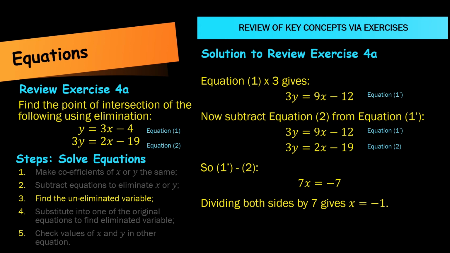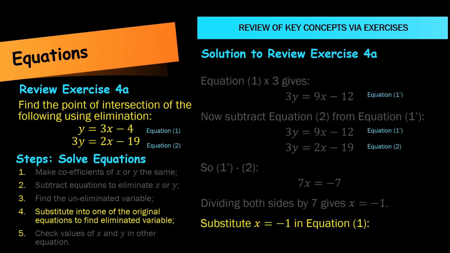Finally, we substitute x equals minus 1 in equation 1 to obtain y equals minus 7, as shown. And finally, we check the values of x and y in the other equation.